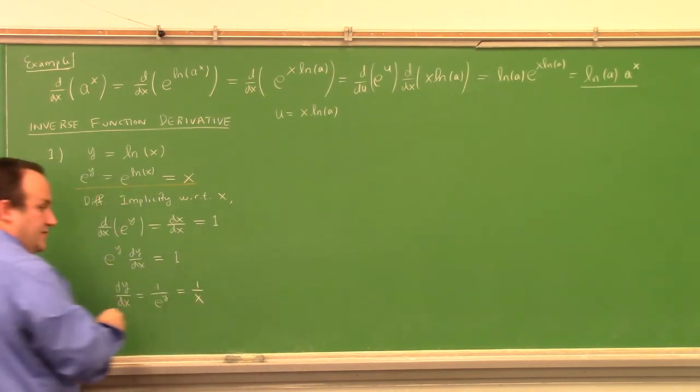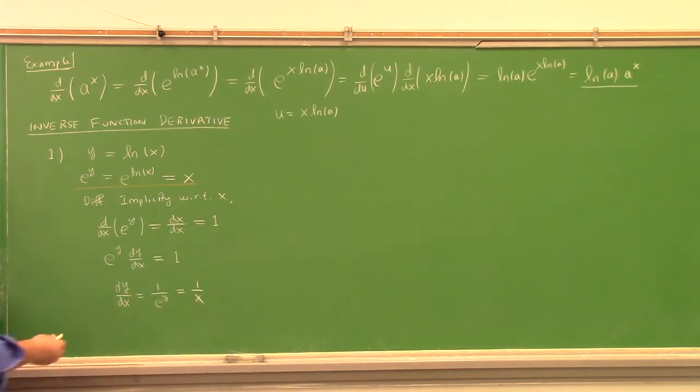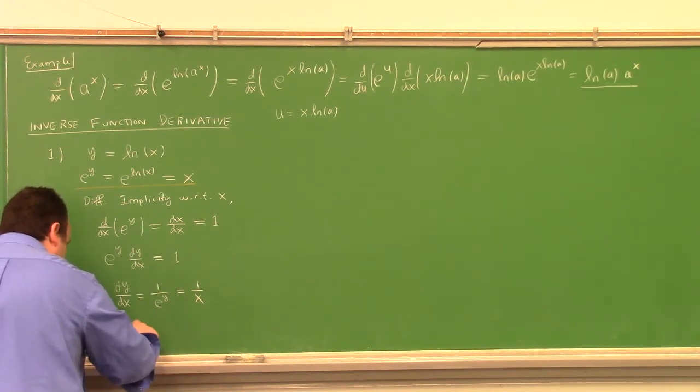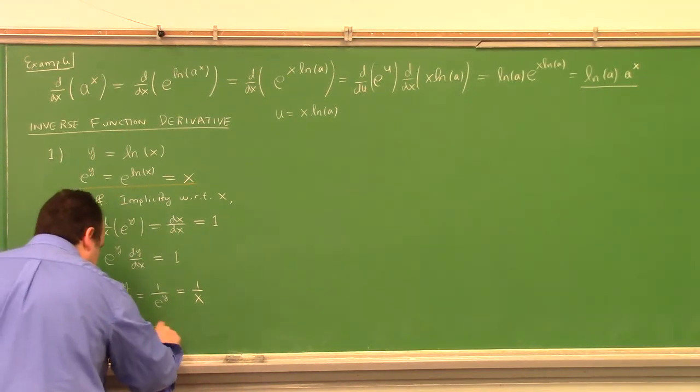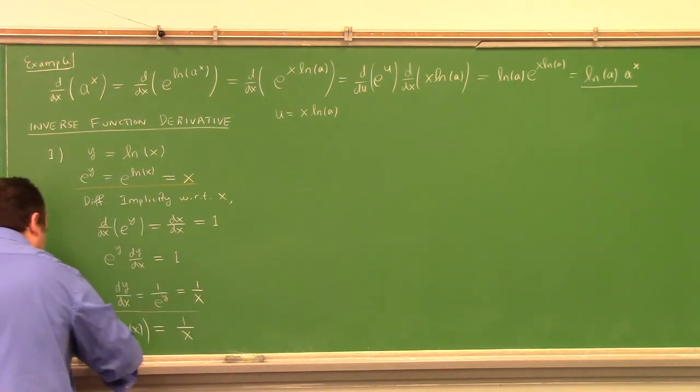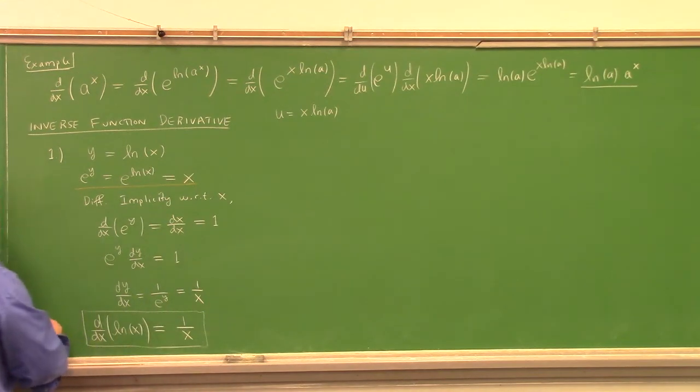So we have derived the rule for the derivative of the natural log, namely that the derivative of the natural log of x is equal to 1 over x. Now, this is for x positive, all right? So, hooray, there you go.